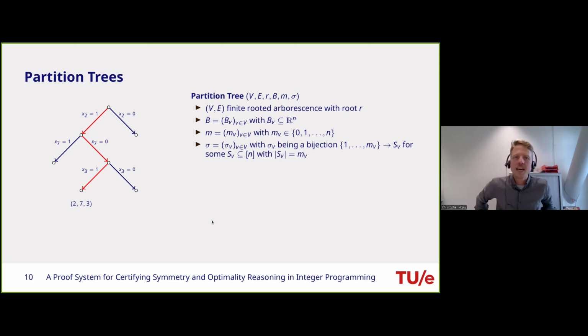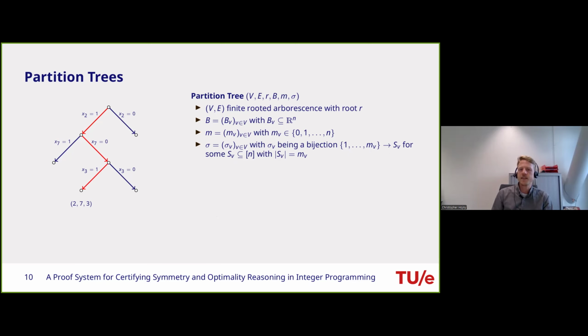And then to generalize this notion of the restricted lexicographic orders, the final 2 ingredients of a partition tree are, for every node of this tree, an integer m_v between 0 and n, and a bijection sigma that maps the set 1 till m_v, this number that we have selected beforehand, into a subset of the set 1 till n, and the cardinality of this subset is m_v.